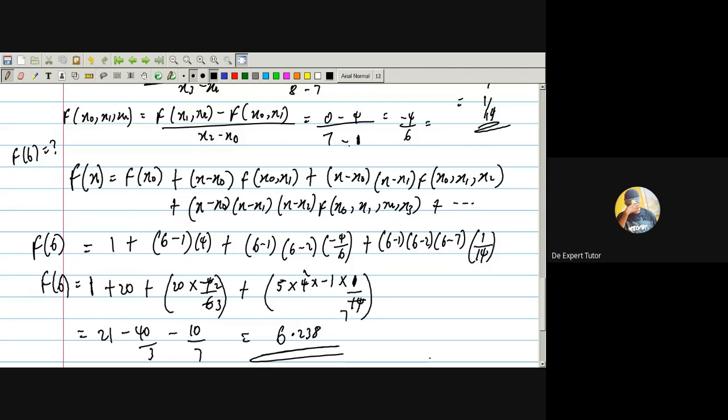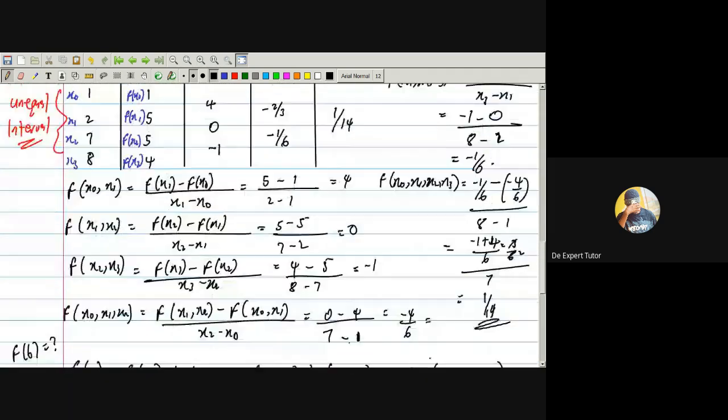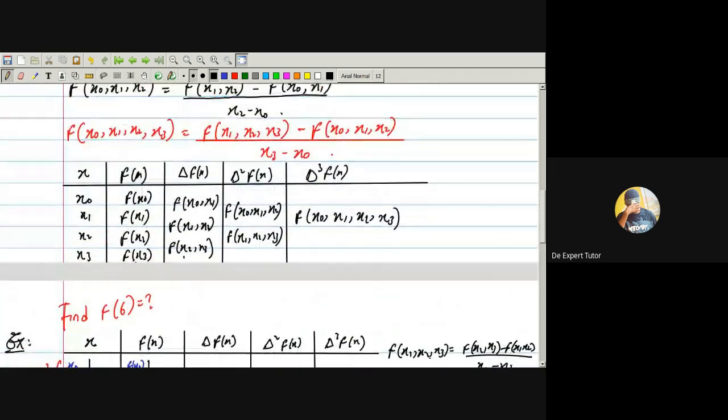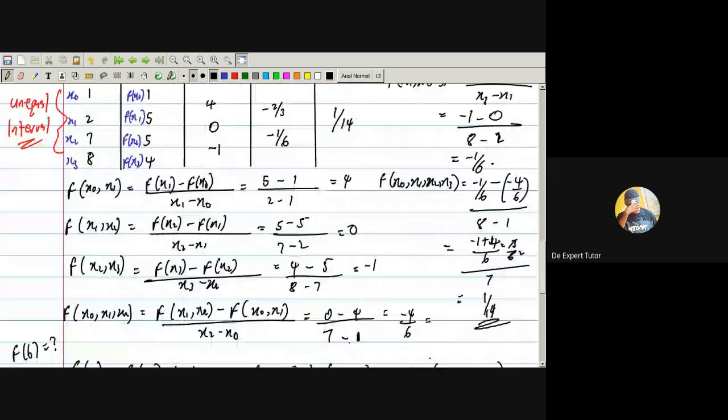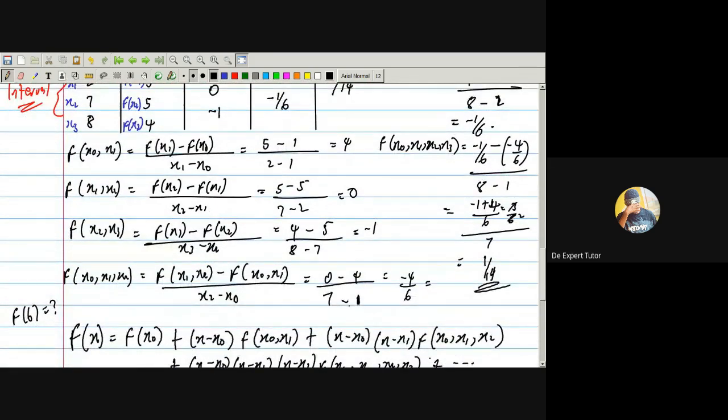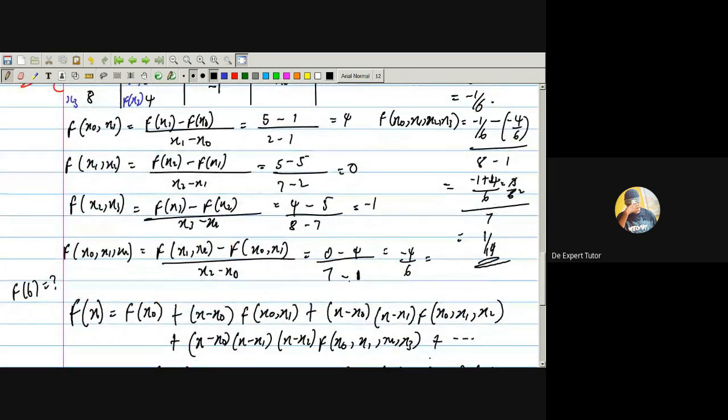So that's how we run all this. Just as simple as that. You are left to just go and practice. So that's f of 6. It makes sense.